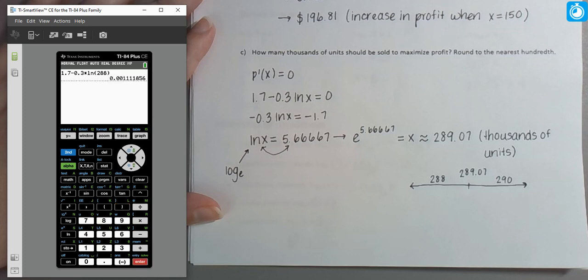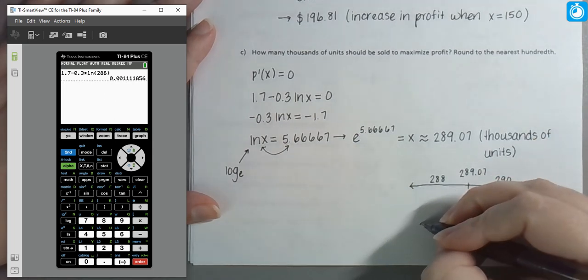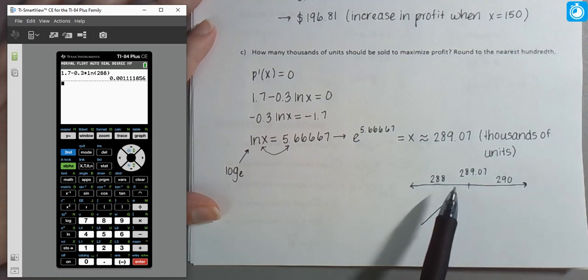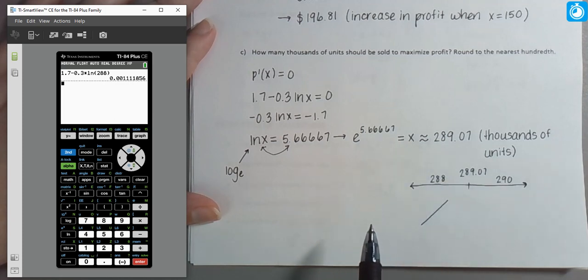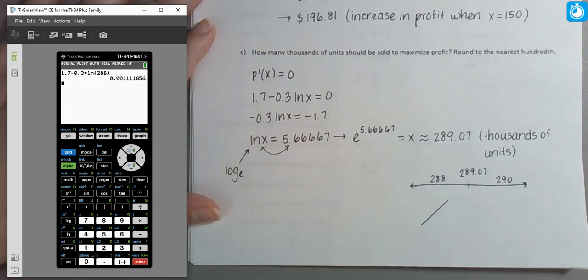When we evaluate that, I'm not super interested in what the exact number is. What I care about is the fact that it's a positive number. If the derivative evaluates here to a positive number, that means my function is increasing over that interval. So for all values of x less than 289 for which this function is defined, our function is increasing.